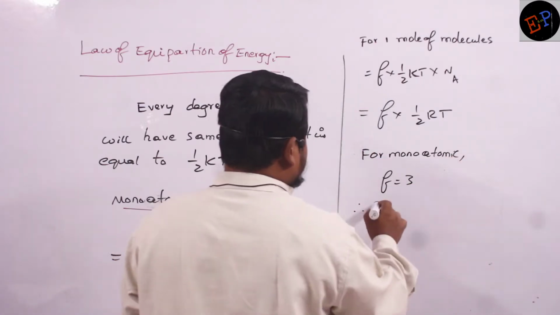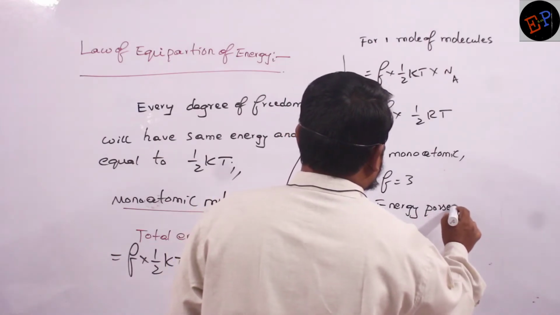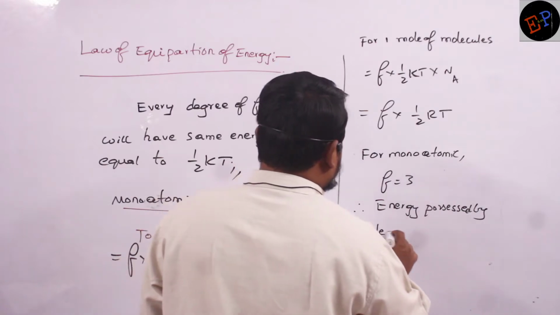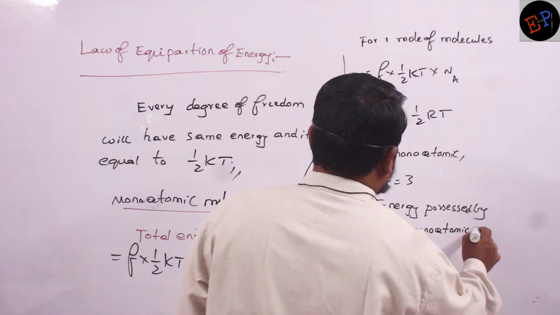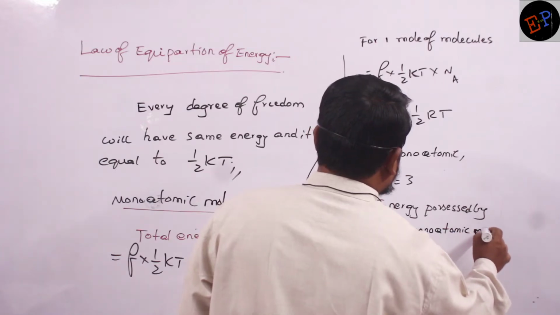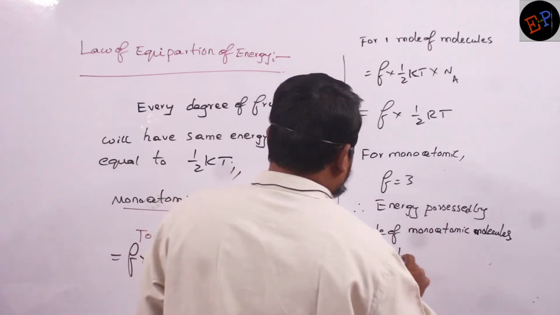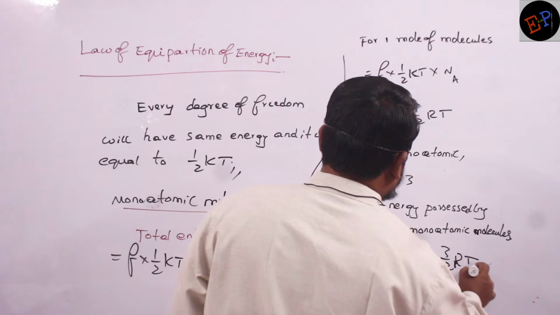So therefore, the energy possessed by 1 mole of monoatomic molecules is equal to 3 multiplied by half RT, or you can write 3 by 2 RT. You can write like this.